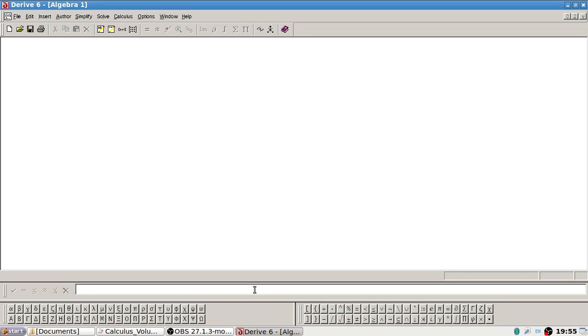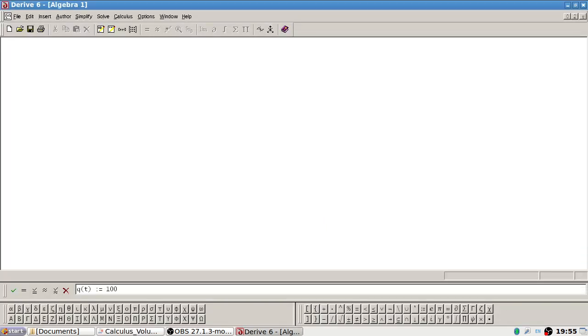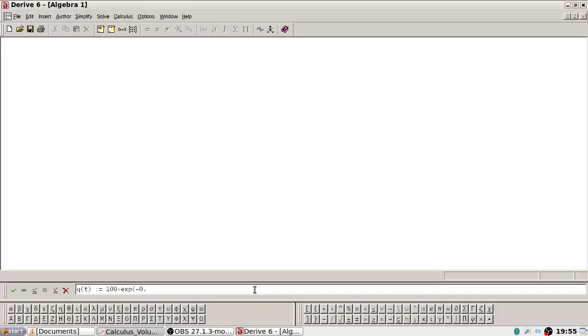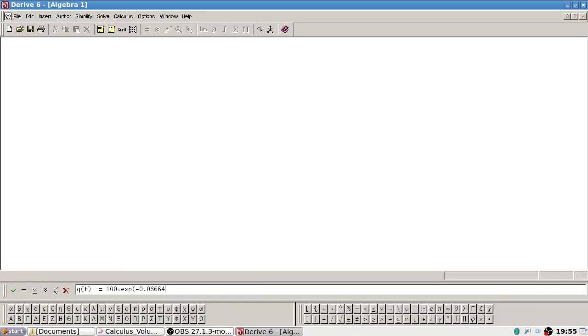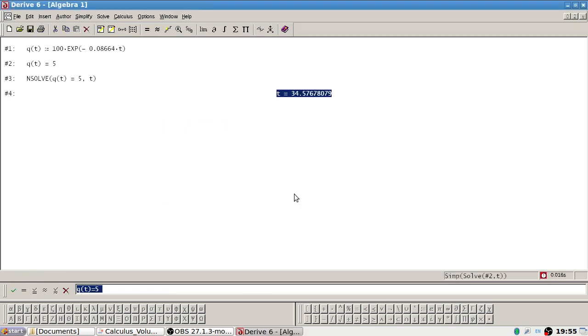So I'm just going to try Derive. So Qt, well, the case doesn't actually matter, equals 100 times e to the minus 0.08664 t. Qt equals 5. Solve expression numerically.